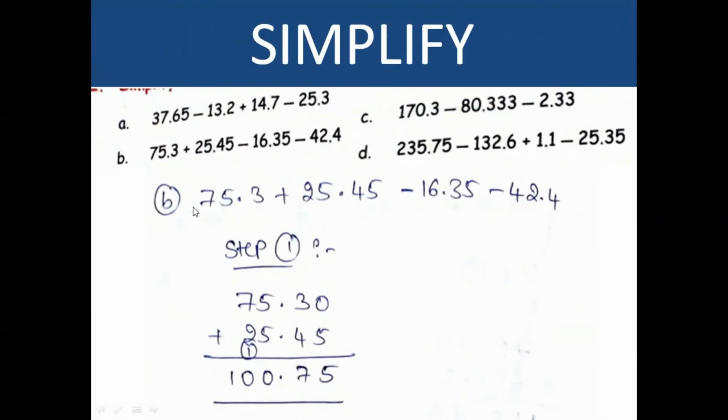Simplify. See, for example, 75.3 plus 25.45 minus 16.35 minus 42.4. Add the addition part first, that is 75.3, 25.45. It is in unlike decimals.